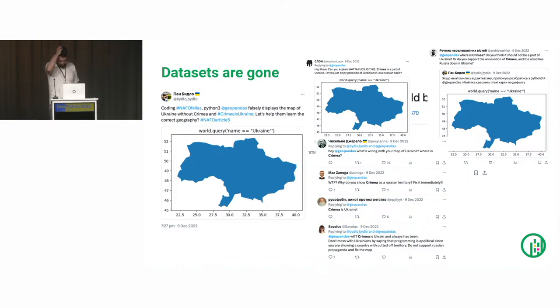Once we realized that Ukraine in the Natural Earth datasets doesn't include Crimea, that it's linked to Russia in there, we made a quick fix of the dataset and decided to remove them and keep GeoPandas away from politics, away from data, focusing on the software and the spatial algorithms we all like, and kind of shield ourselves from all this.